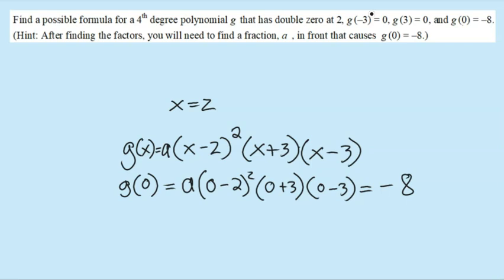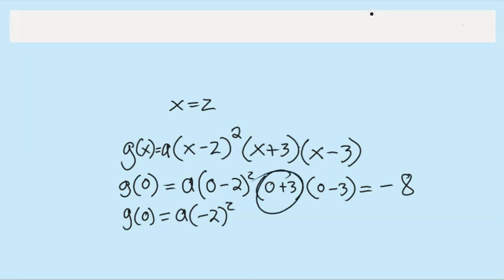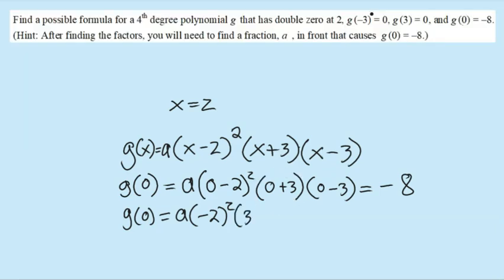Okay, so now let's work this out. g of 0 equals a times, 0 minus 2 is negative 2, so we'll put negative 2 squared. 0 plus 3 is just 3. 0 minus 3 is negative 3, equals negative 8.